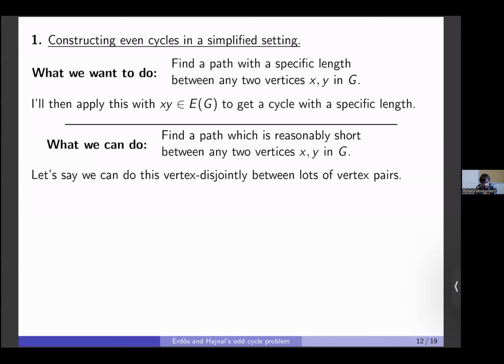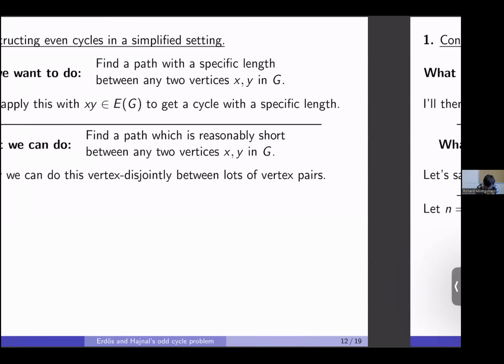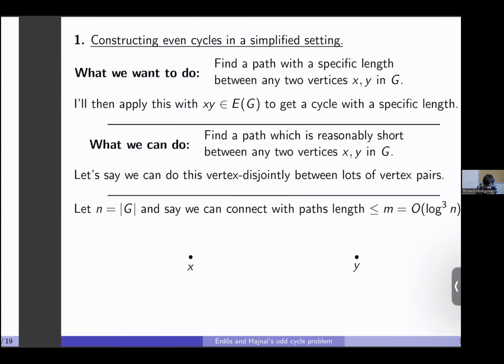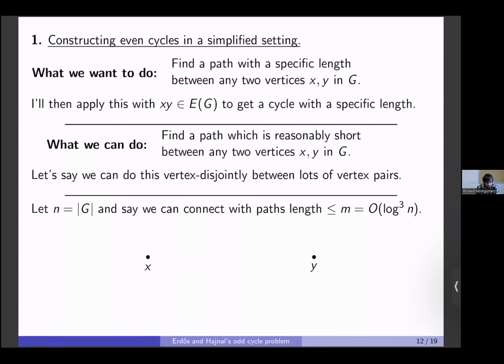And let's assume that we can do this vertex disjointly between lots of pairs of vertices and see where we can get to with our construction. Just to give you something more concrete, if we have n vertices, let's say we can connect pairs of vertices with paths of length at most m, where m is around log cubed of n.